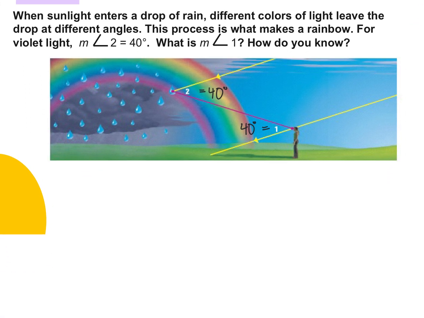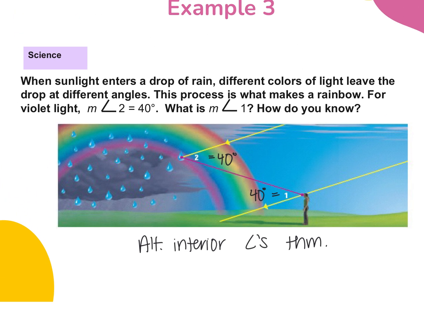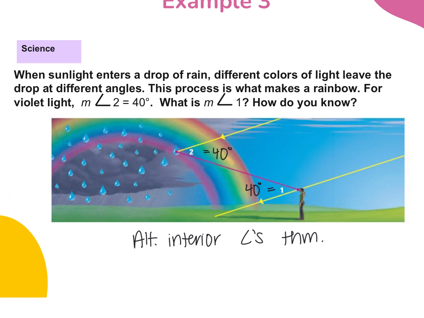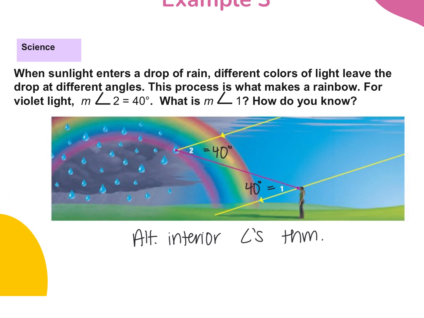So if I were to abbreviate this, I would write alt, interior, angles, theorem. Please make sure you are abbreviating to a point where I can understand what you are writing. Laura, did you have a question? Okay.